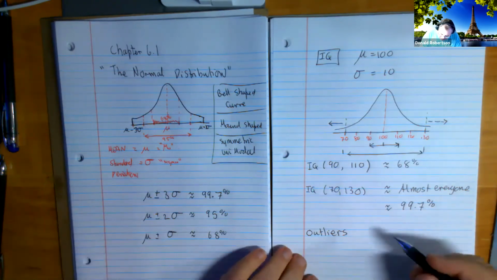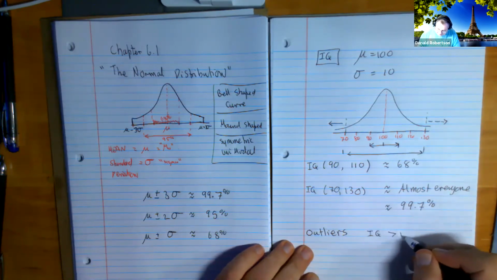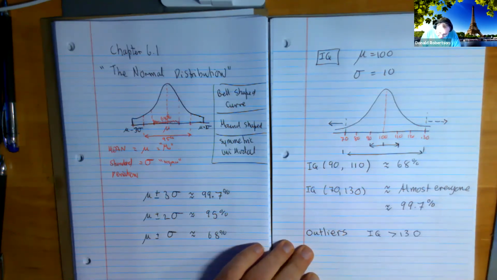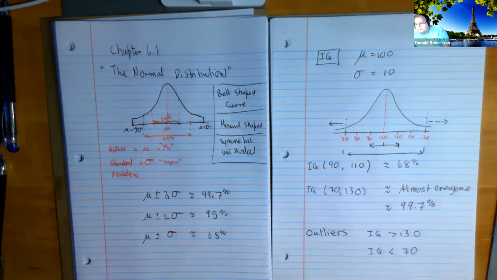So an outlier would be anybody who has an IQ greater than 130 and anyone who has an IQ less than 70. So an IQ greater than 130, that would be like the Einsteins of this world, but actually I don't think his IQ was that high, but some really high IQ people. And an IQ of 70 would be like football players.